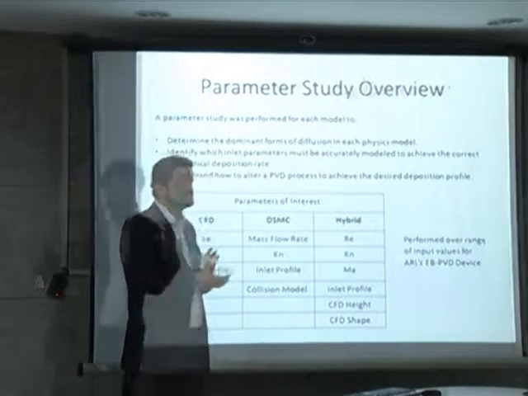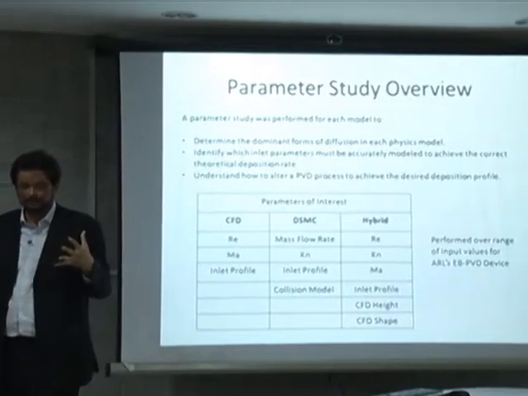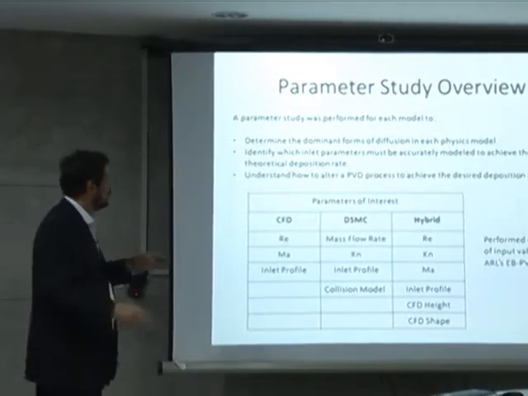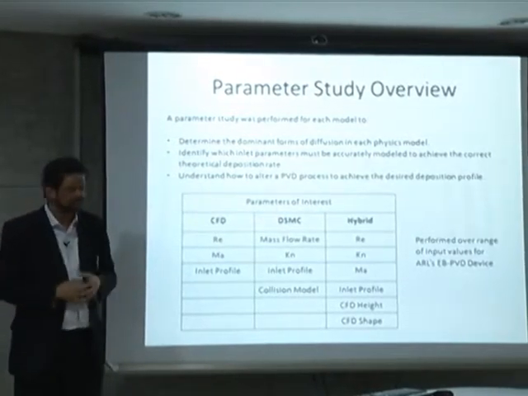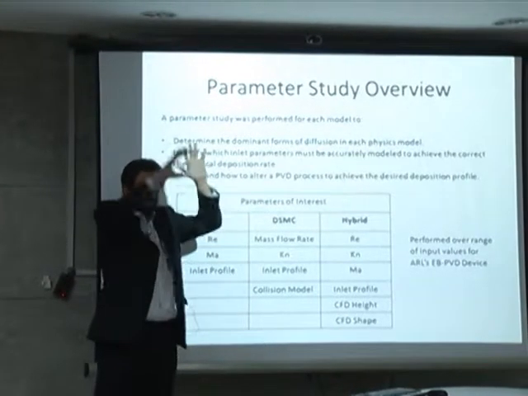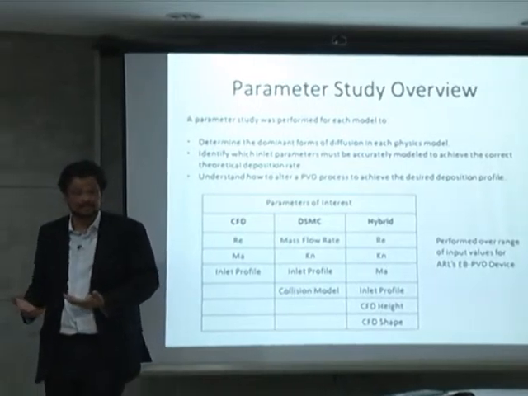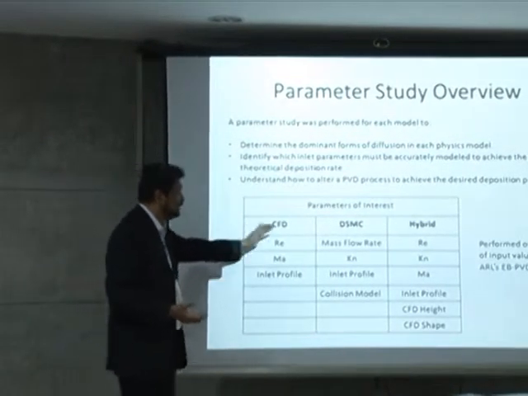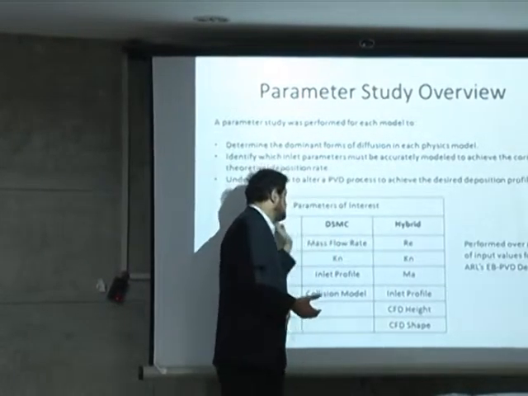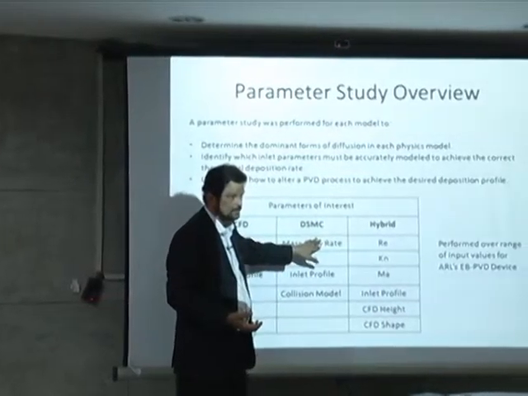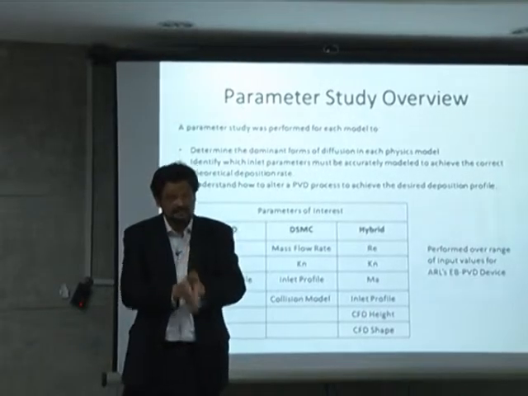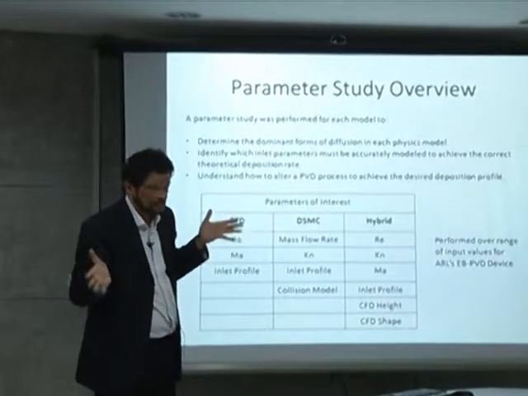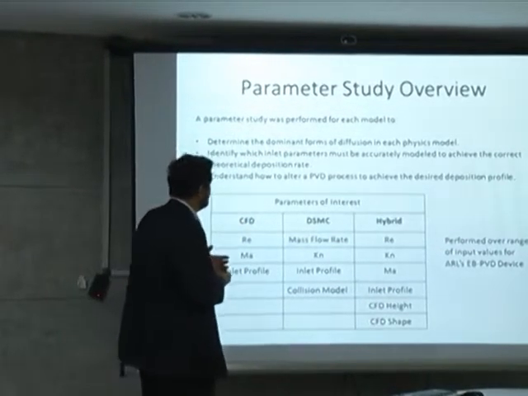So what we did was, going back to our coating problem: if you do only CFD calculation, what results will you get? If you do only DSMC for the whole thing, what results will you get? And then if you go hybrid, that means part CFD and part DSMC, which was not done before with the right kind of boundary, this is the first time Kevin and we have done it.